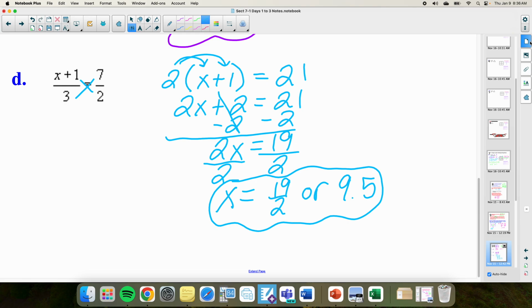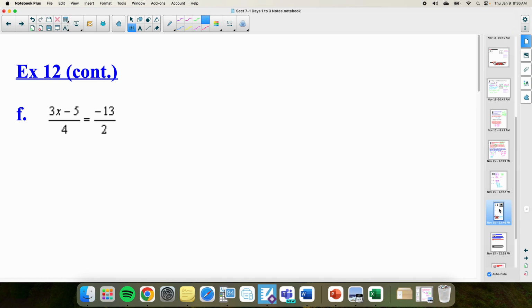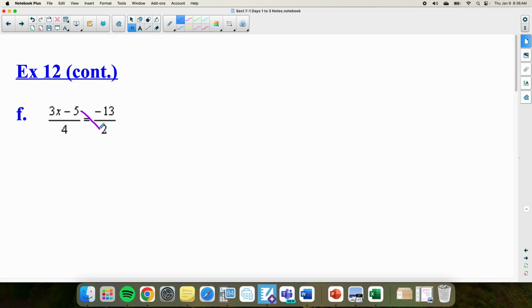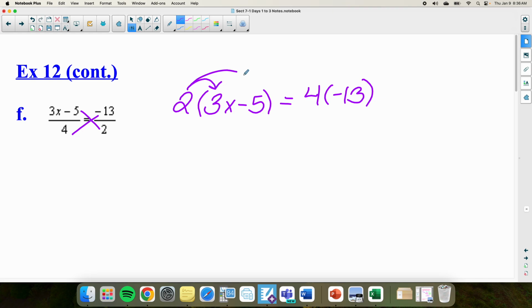All right, so now let's go here, okay? So in this one, I'm gonna multiply these two. So I'm gonna go 2 times 3x minus 5 equals 4 times a negative 13. So I'm gonna distribute here again. 2 times 3x is 6x. 2 times 5 is 10.